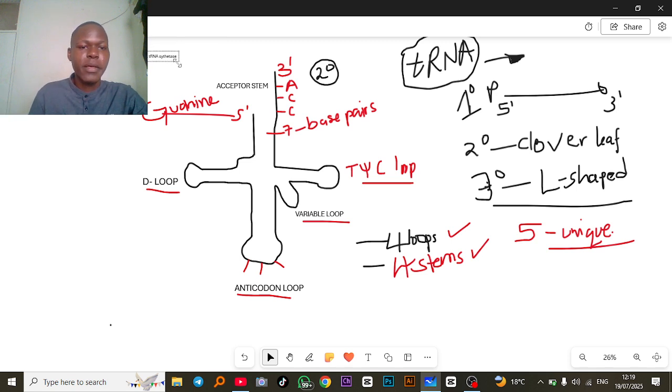You can look at my video about translation where I look at this in depth. So tRNA synthetase will come in and bring the amino acids to this stem.